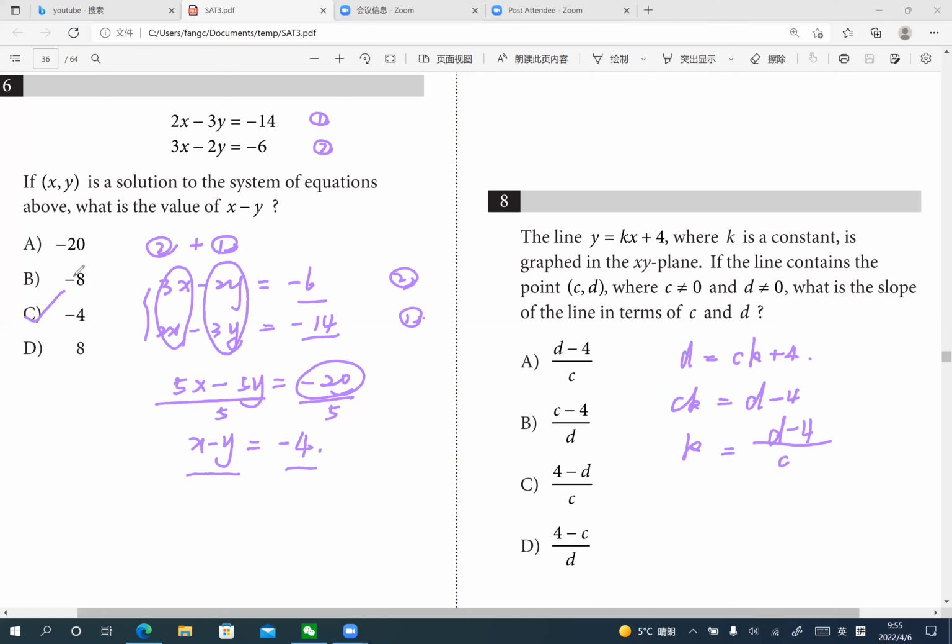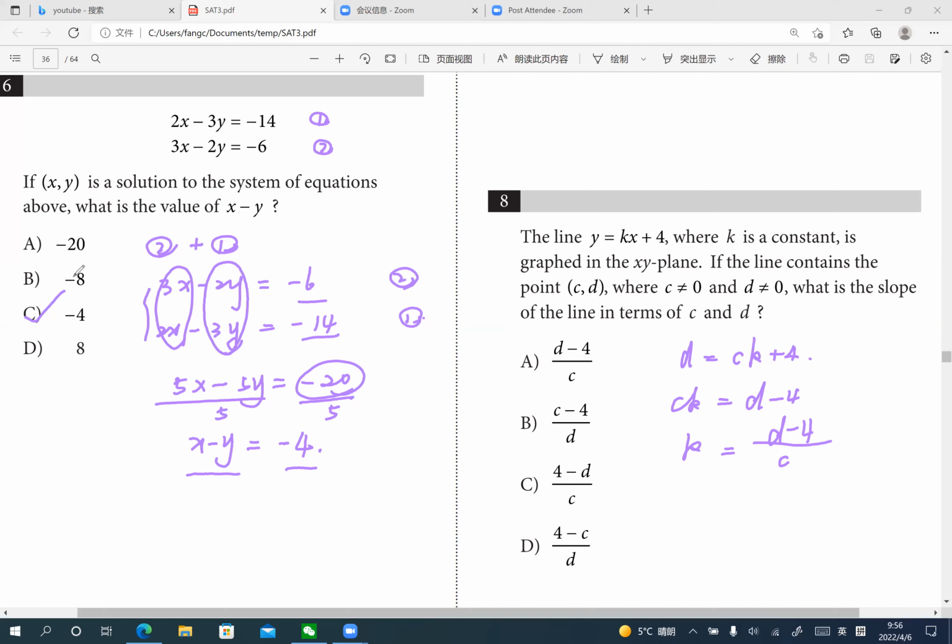Question 8, the line y equals kx plus 4, where k is a constant, is graphed in the xy plane. If the line contains the point (c, d), where c is not equal to 0 and d is not equal to 0, what is the slope of the line in terms of c and d? From the given condition, we know the point (c, d) is on the line.